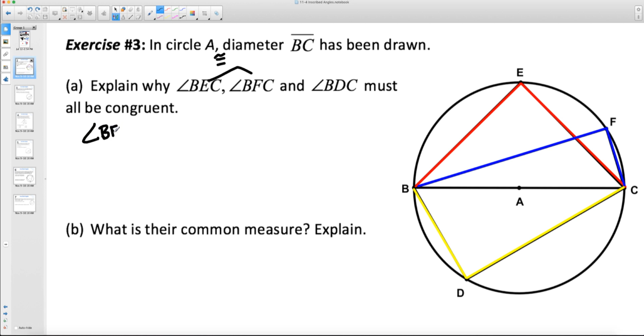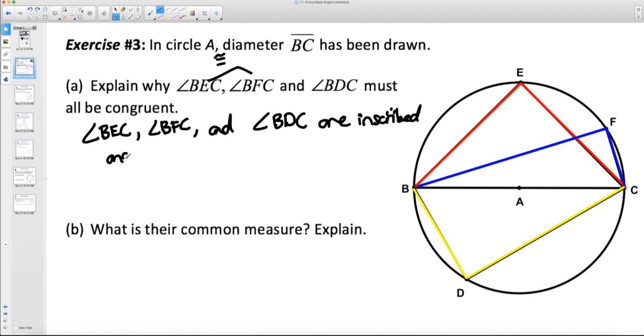angle BEC, angle BFC, and angle BDC are inscribed angles that intercept a semicircle.